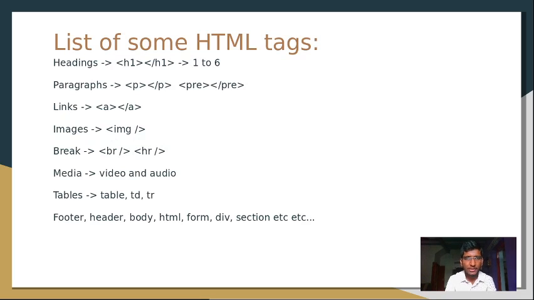List of some HTML tags. As I have said, we have heading, paragraph, link, image, break tags, media tags, tables, and footer, header, some divisions and all. We will see each and every tag in a detailed manner. For now, let me go with the heading tag.